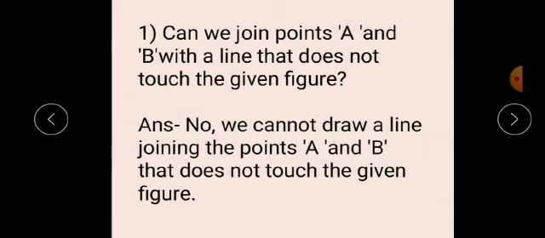So we cannot draw a line that does not touch the given figure. Your answer is no, we cannot draw a line joining the points A and B that does not touch the given figure.